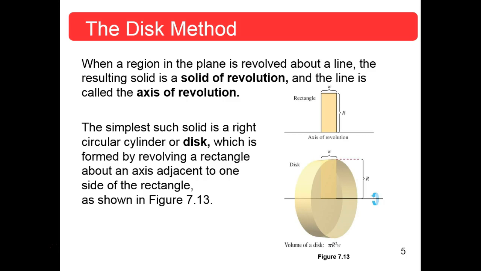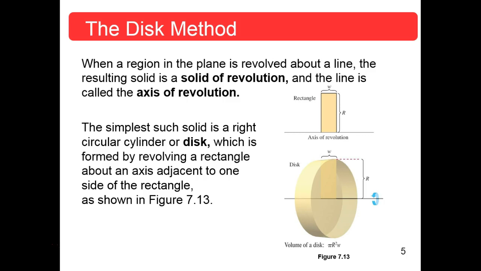That disk will have an area of pi R squared and a thickness of W. And that will be its volume, pi R squared W, the volume of the disk.